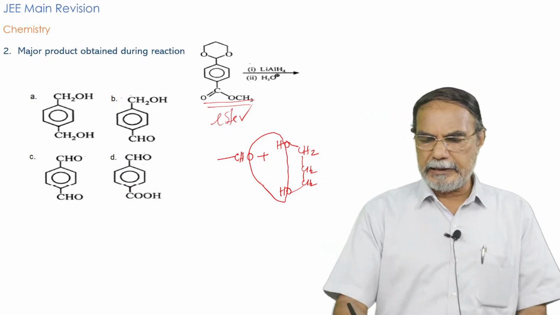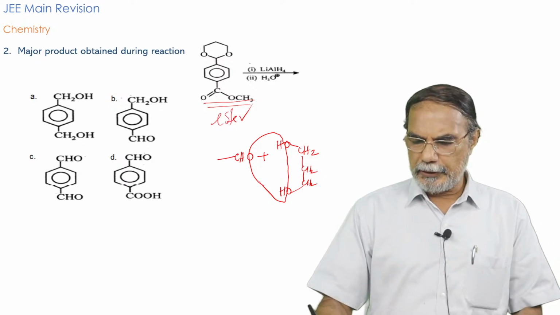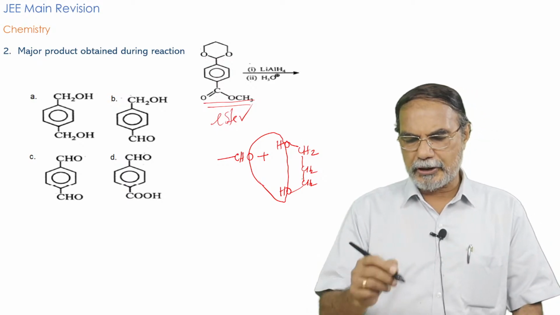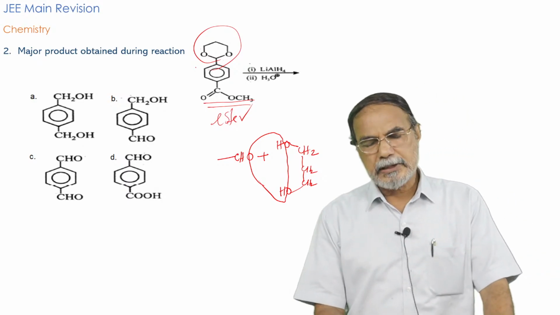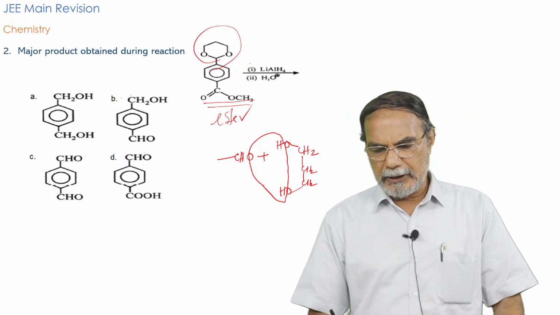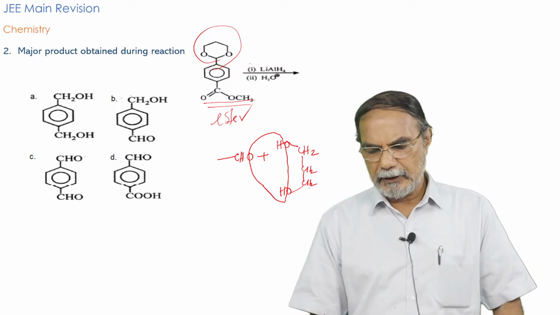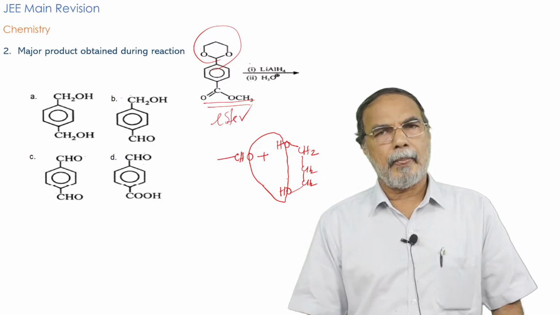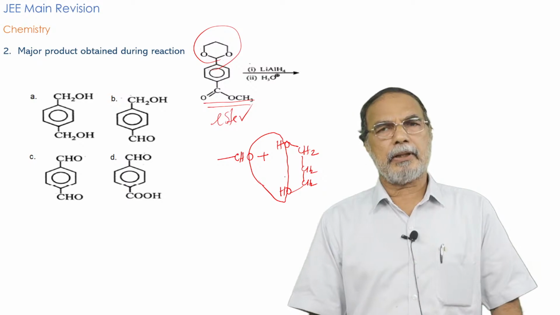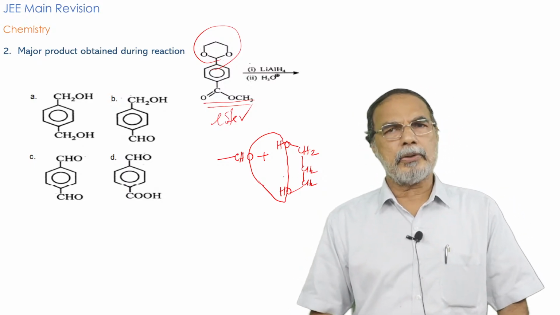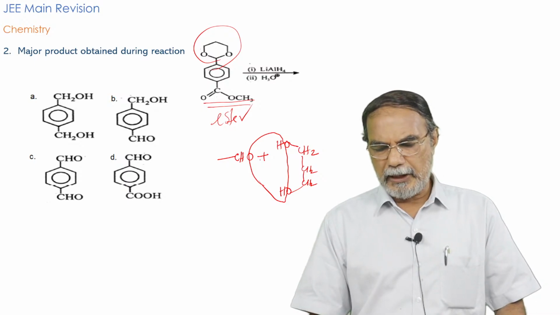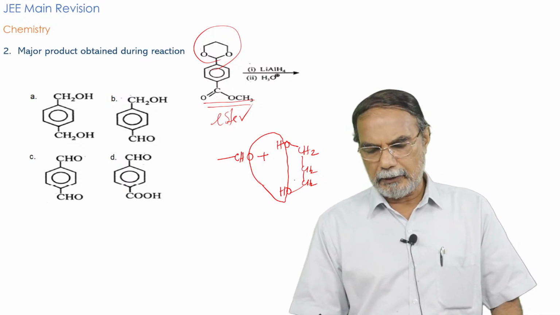So you have that CHO, CH2, CH2, CH2O structure here. This structure is obtained by the reaction of an aldehyde with a glycol. You might have studied this reaction while we discussed the chemistry of aldehydes and ketones, the reaction of the aldehyde group with a glycol.